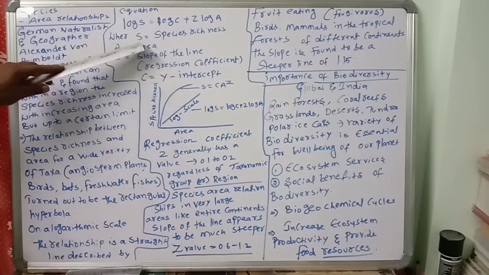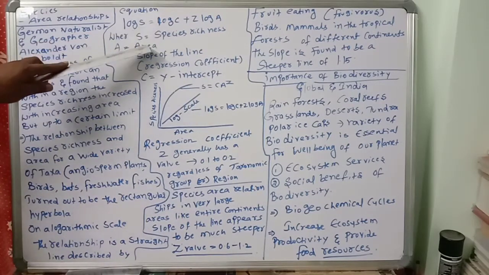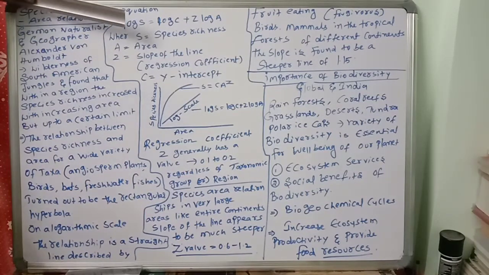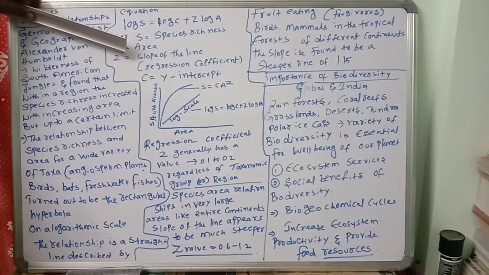Where S is equal to, what is S called? Species richness. A is equal to area.